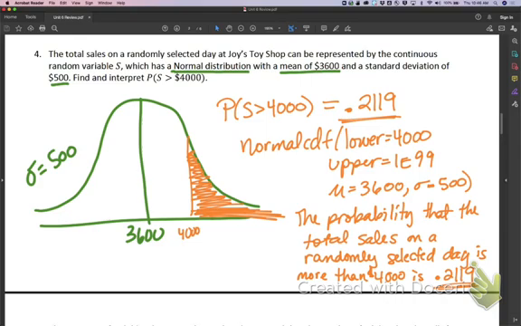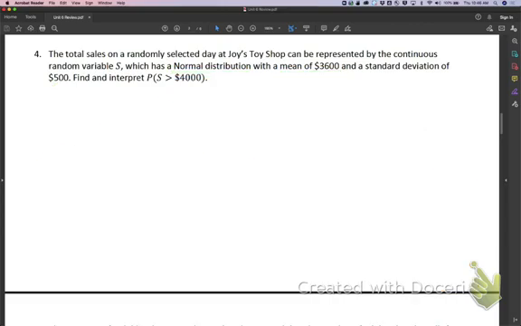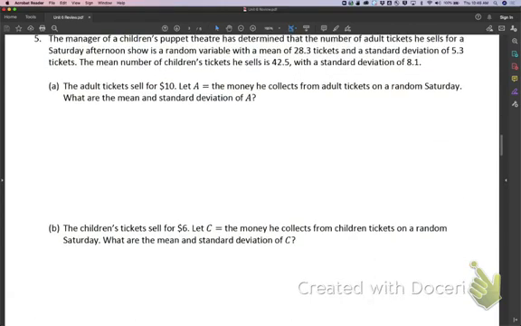All right, let's continue. Number 5. The manager of a children's puppet theater has determined that the number of adult tickets he sells for a Saturday afternoon show is a random variable with the mean of 28.3 tickets and a standard deviation of 5.3. Now that was for the adult tickets.